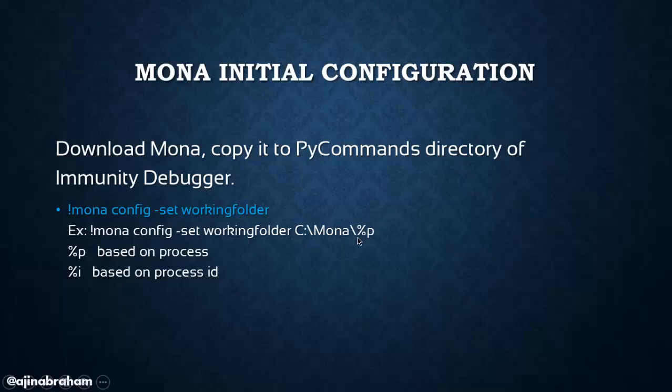So it can be %p or %i. %p means the directory will be made based on the process name. If it is %i, that means the directory will be made based on the process ID. And you should not add any quotes here, because that will make some trouble, so don't do that. So it will be c:\mona\%p.